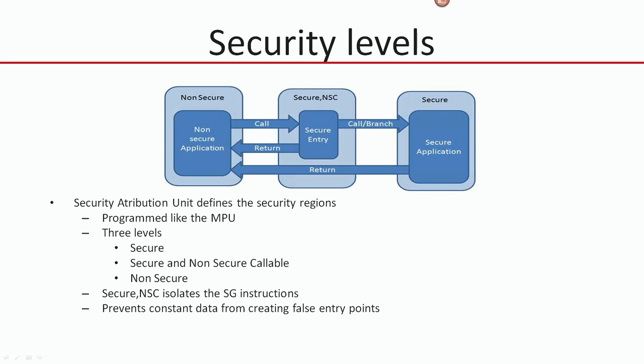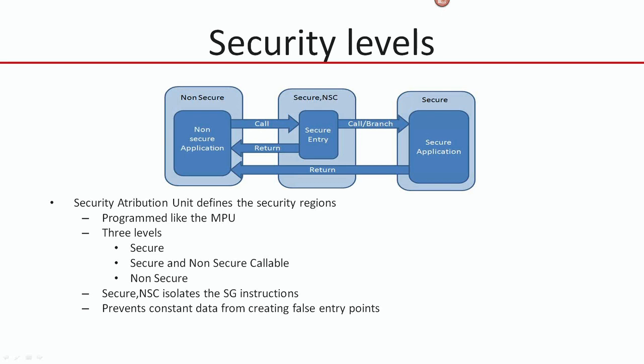So this would be a much smaller region, typically a branch table, so it would be much easier to examine it to make sure that there are no spurious secure code constants that look like a secure gateway instruction.